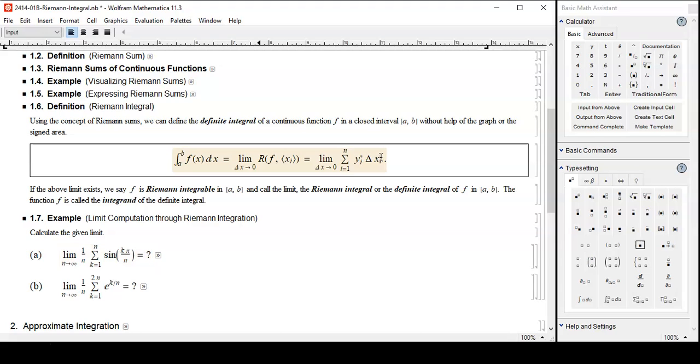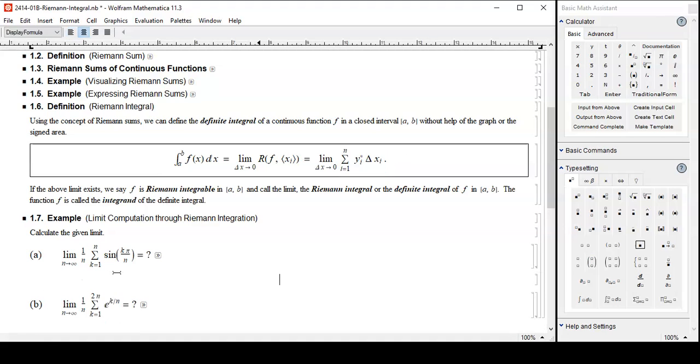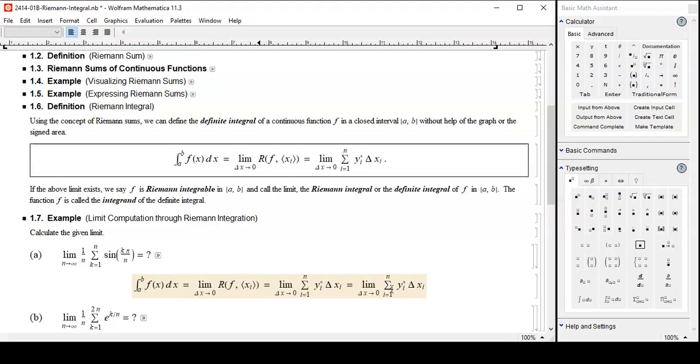Or, as a matter of fact, in this case, this is a continuous function we are talking about, so I don't need this xi star. I can rewrite it like this.